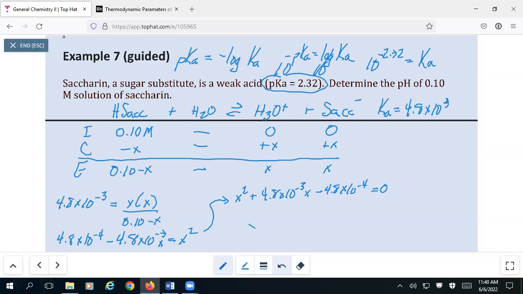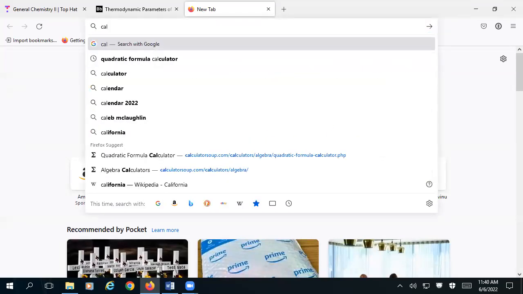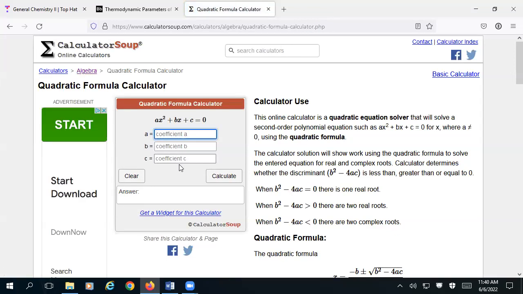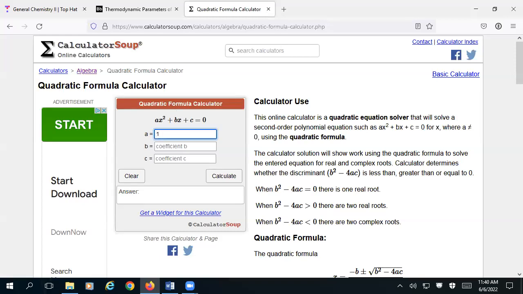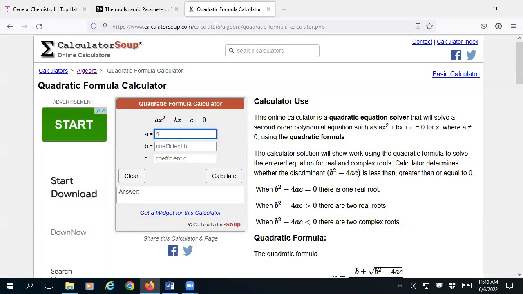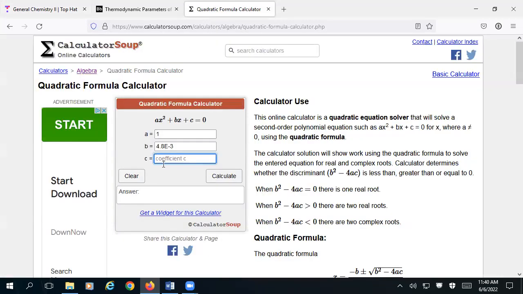We can put that into our favorite equation solver. So A in this case is equal to 1. B in this case is positive 4.8 times 10 to the negative third. C in this case is negative 4.8 times 10 to the negative fourth.